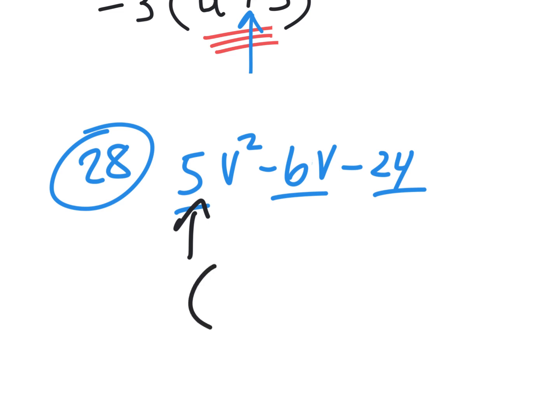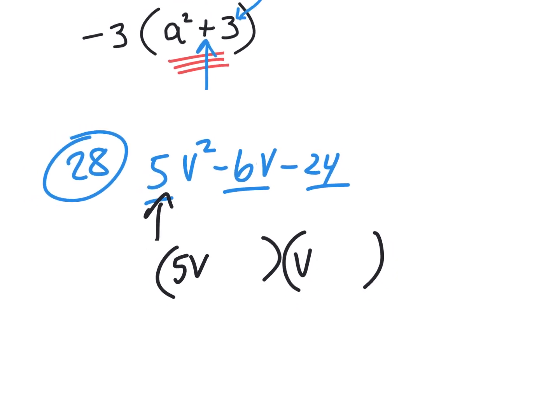So then right off the bat, I make 2 sets of parentheses, and it's a 3-step process. Well, how do I make a 5v squared? With a 5v and a v. Now, you did pick the nastiest one for me, because 24 has so many factors.